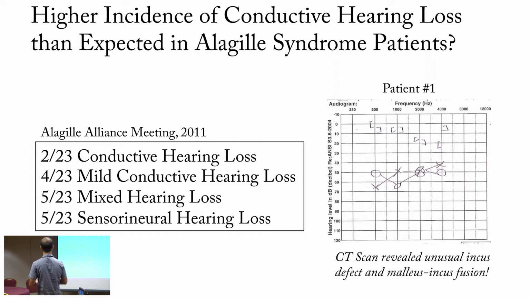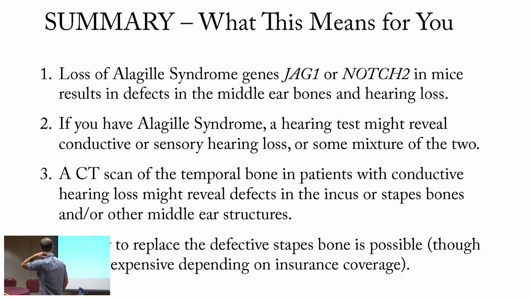So really, our goal is one, just get a general estimate of how prevalent this conductive hearing loss is. And then in those patients that have conductive hearing loss, try to get some more CT scans to say, is it more the incus that's defective or more the stapes that's defective? And so really the summary here is that the loss of either jagged 1 or notch 2 results in defects in the middle ear bones and hearing loss.